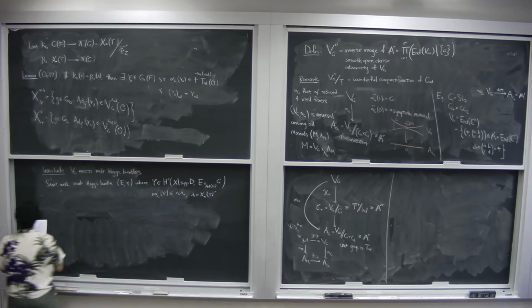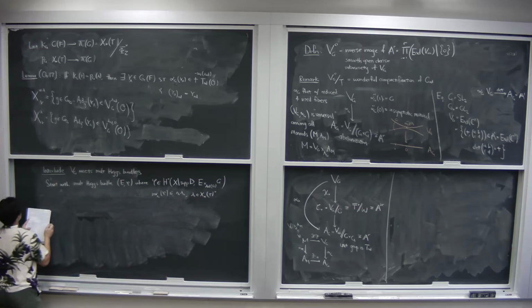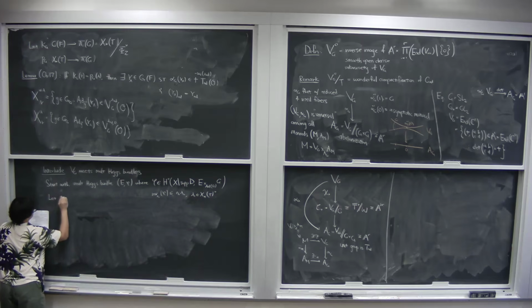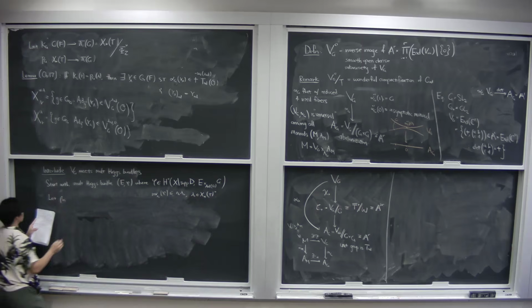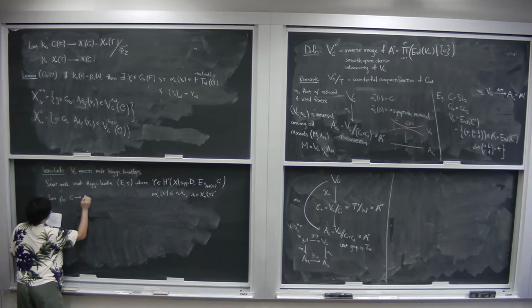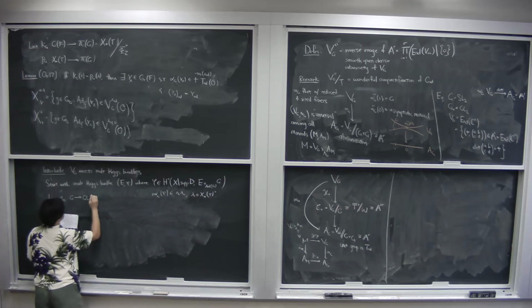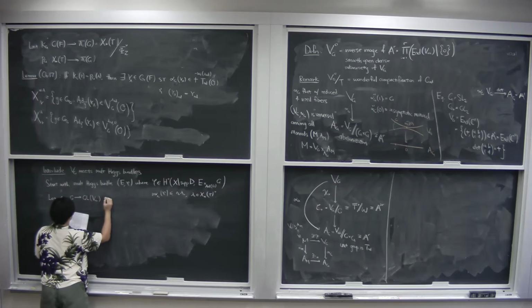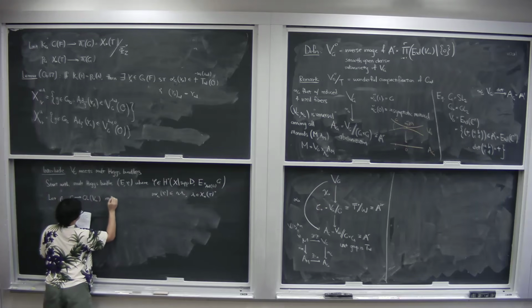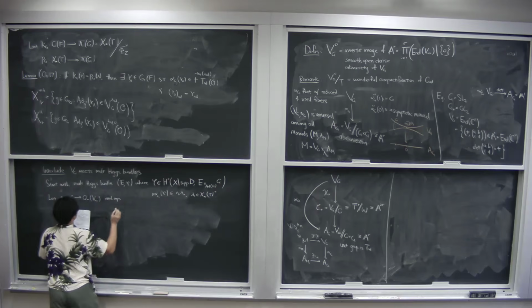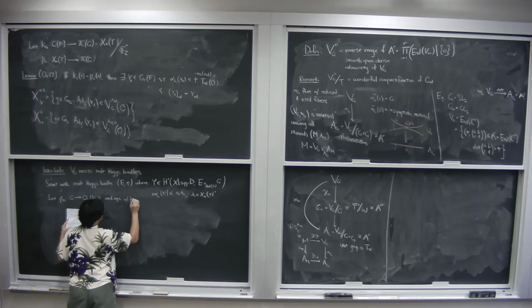Okay, so now consider these representations again. Let rho of omega I be these irreducible representations of G with highest weight omega I.